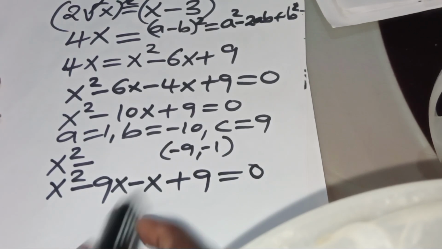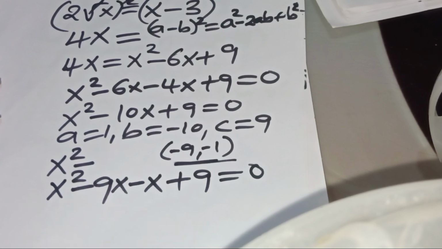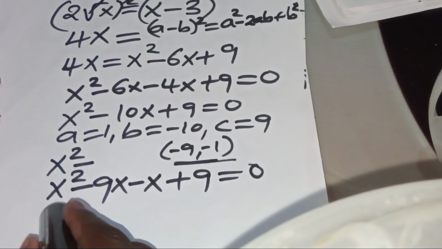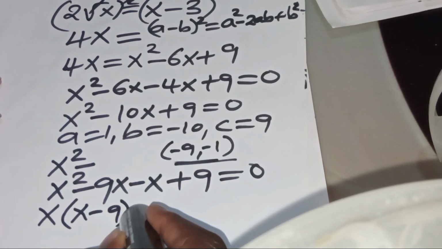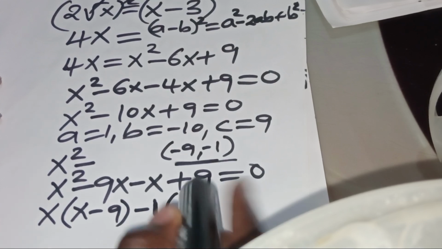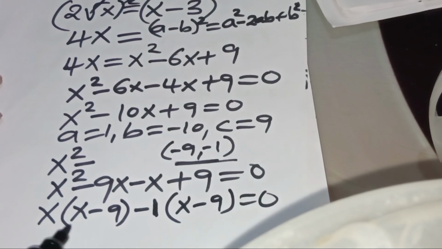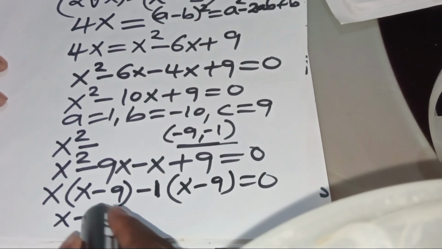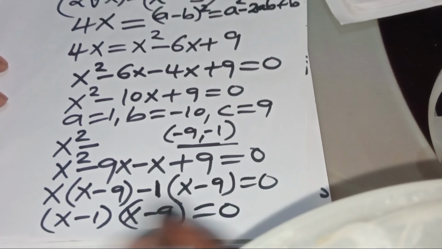Using these two factors, we have x squared minus 9x, so x is common, we factor out x, so we'll have x subtract 9, subtract 1 times x minus 9, equal to 0. Now here we'll have x minus 1, x subtract 9, equal to 0.